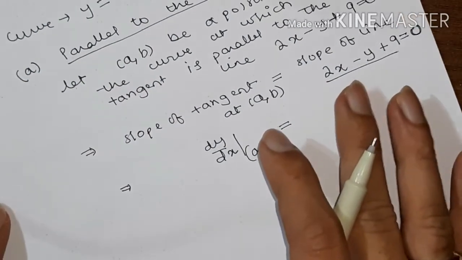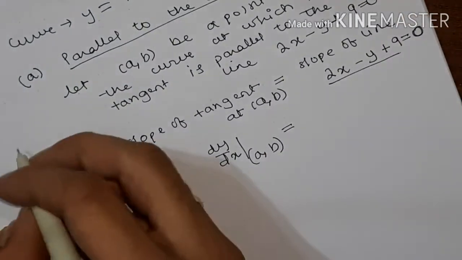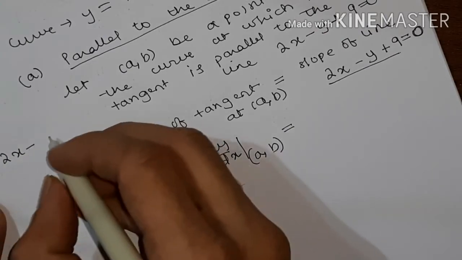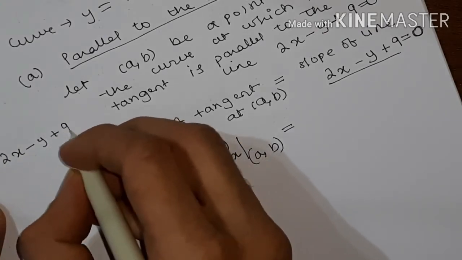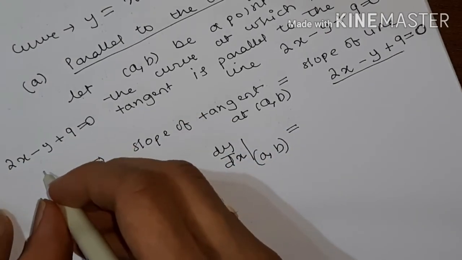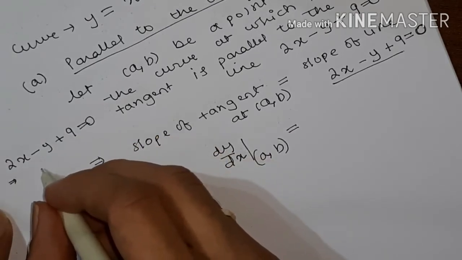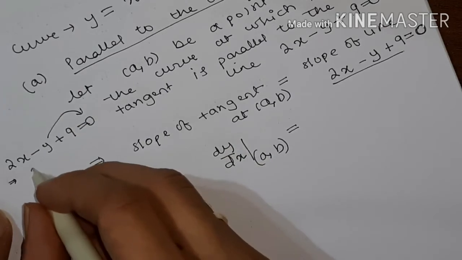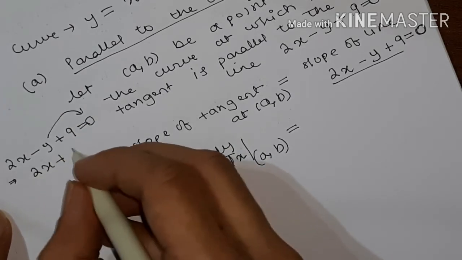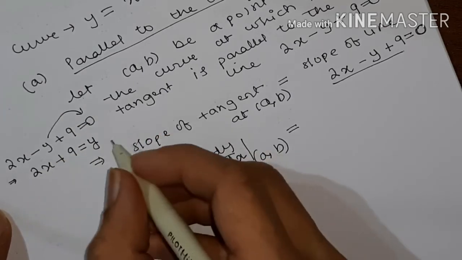Now how to find the slope of this line? It is simple. If you take the equation of the line 2x minus y plus 9 equal to 0 and rearrange the terms, so if you take minus y on this side, what you get? 2x plus 9 equal to y.